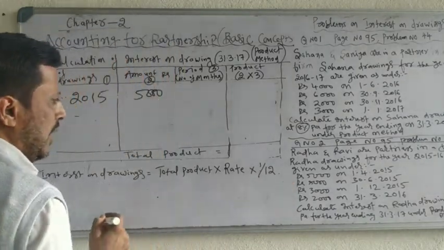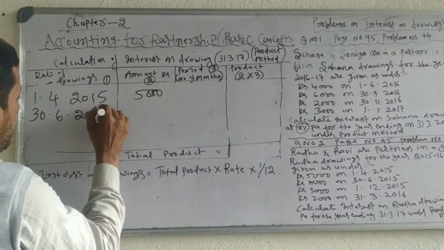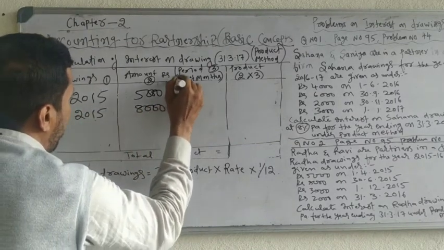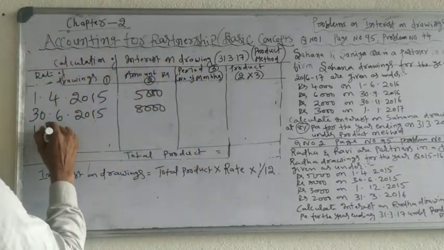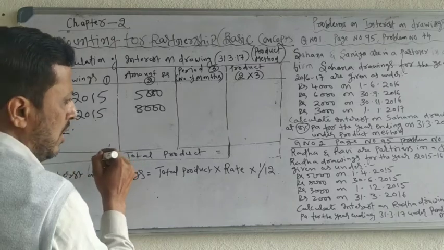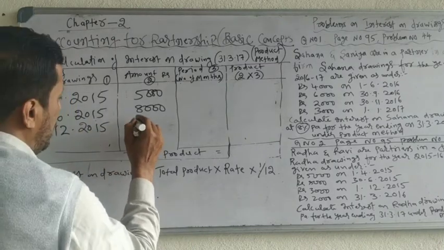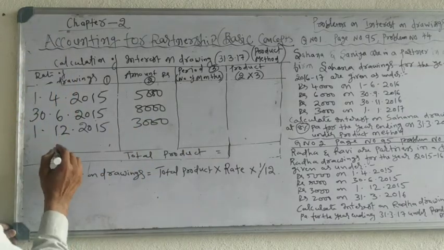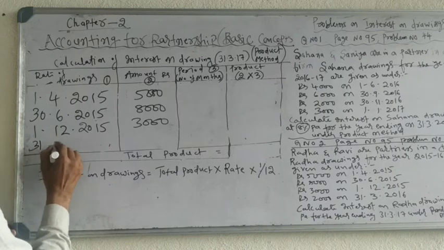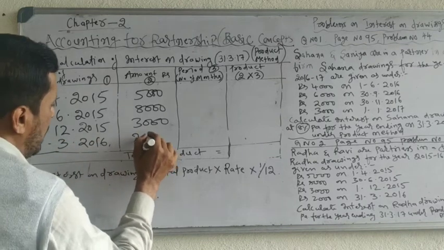Rupees 8,000 on 30/6/2015. Rupees 3,000 on 1/12/2015. And rupees 2,000 on 31/3/2016.